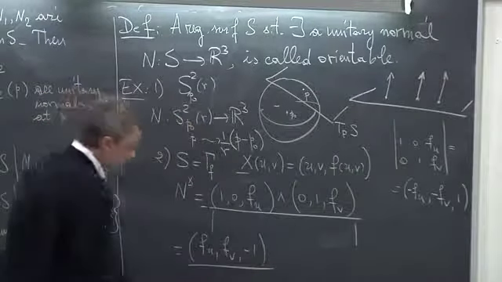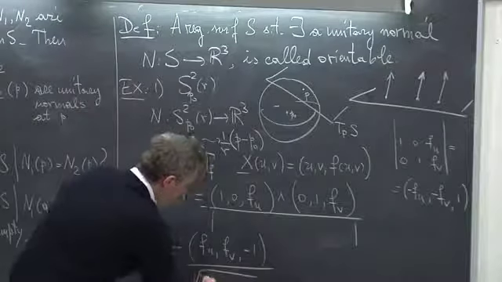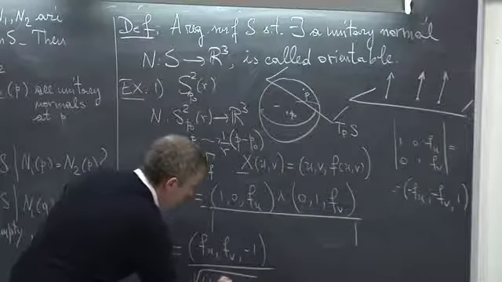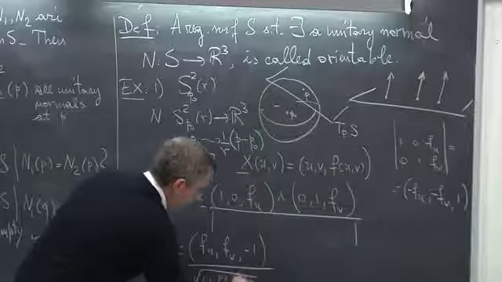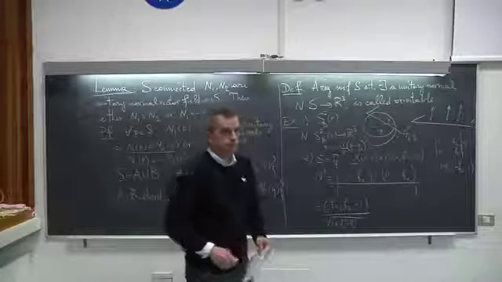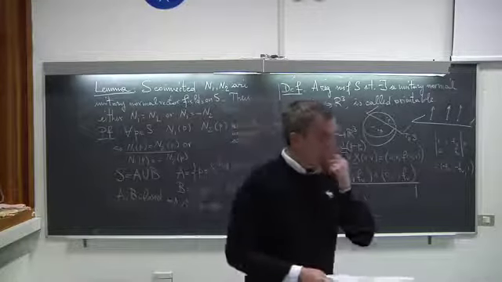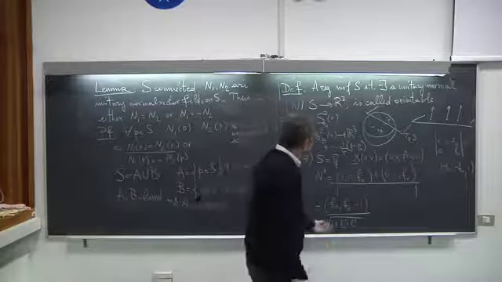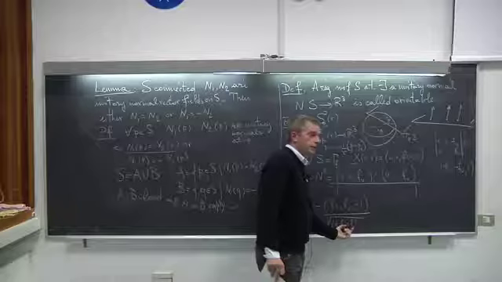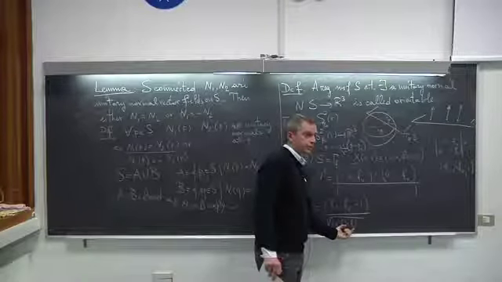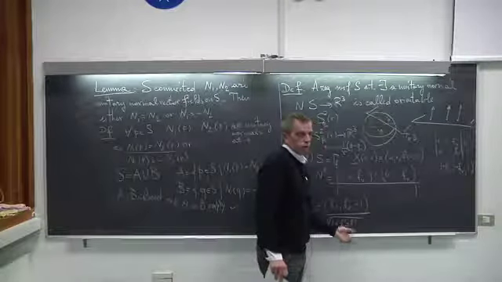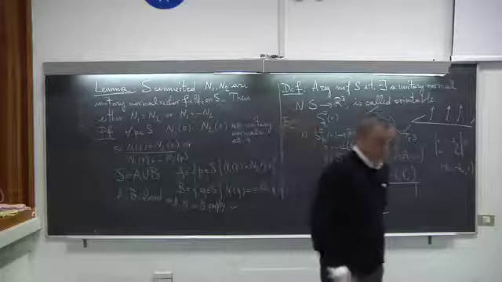What is the norm of this? This is the square root of 1 plus f_u squared plus f_v squared. If you want to shorten it a little bit, this is, of course, the gradient squared of f, for example, but I mean, as you want.